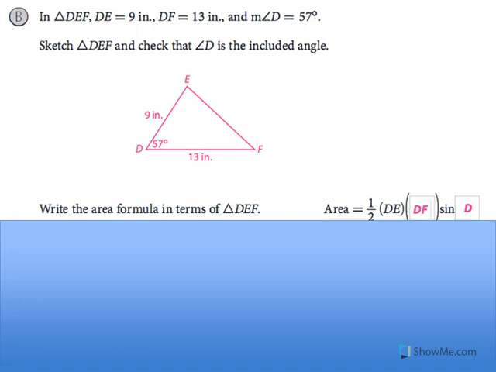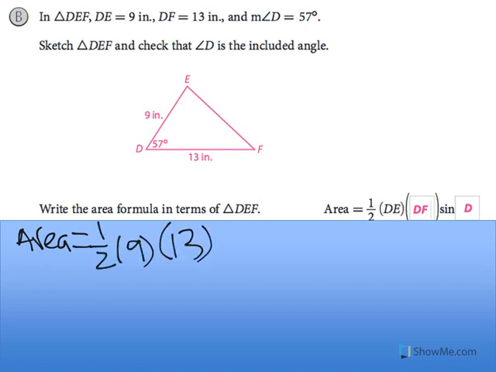Okay, and example B, sketch the triangle DEF and check that angle D is the included angle. So here we have our sketch. Find the area of triangle DEF. So we say that the area is equal to 1/2 times 9 times 13 times sine of 57 degrees.